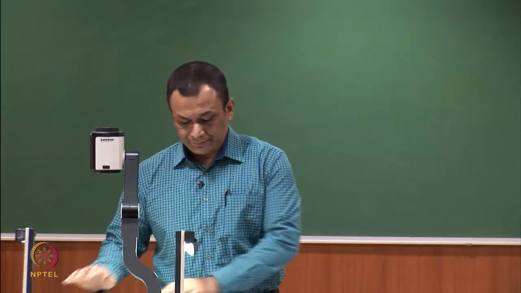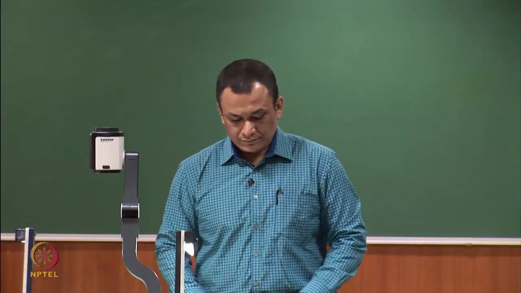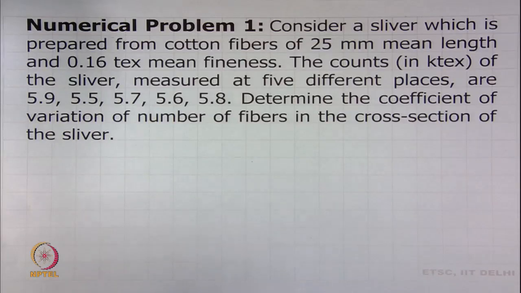So, we start with our first numerical problem 1. Consider a sliver which is prepared from cotton fibers of 25 millimeter mean length and 0.16 tex mean fineness.